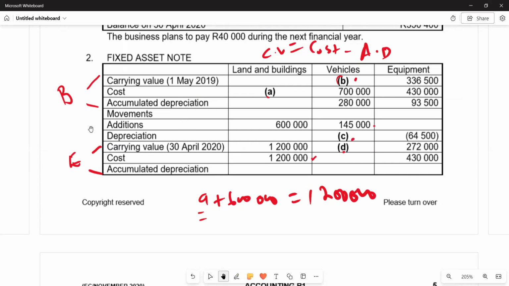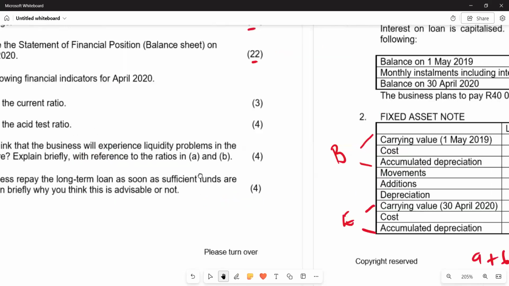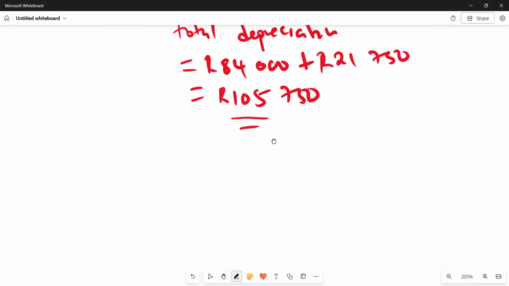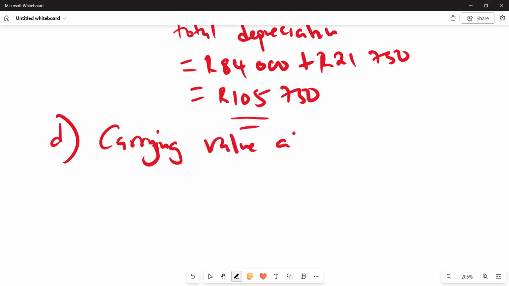So we come here, D. So on D, we are calculating carrying value at the end.